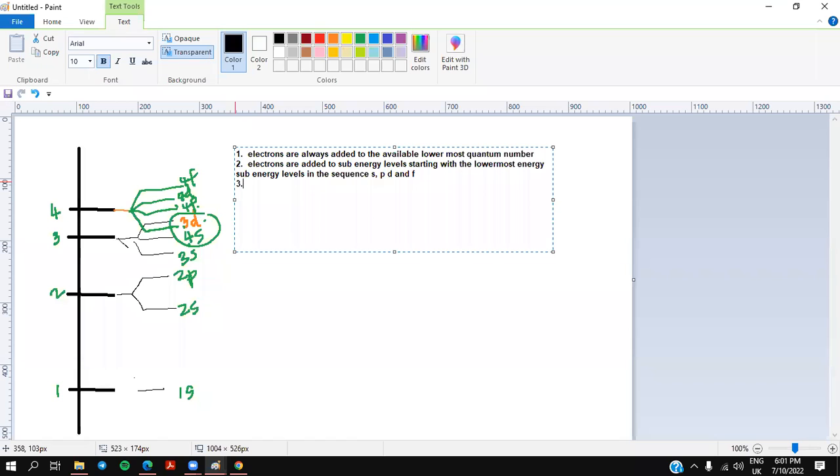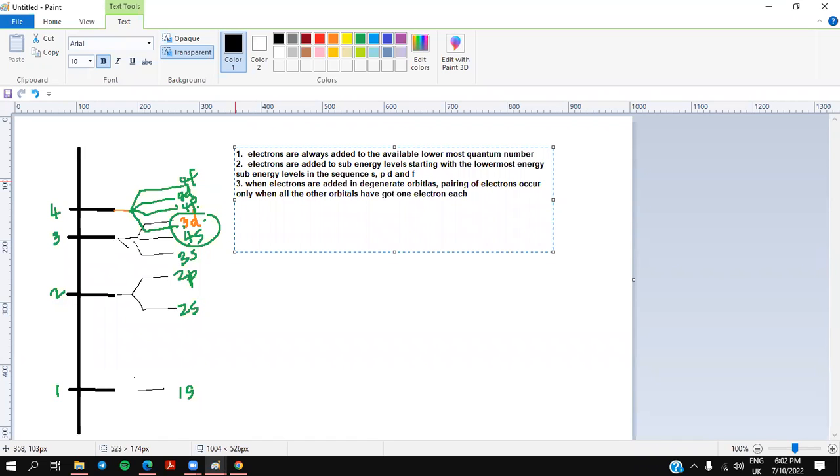Third one. When electrons are added in degenerate orbitals, pairing of electrons occurs only when all the other orbitals have got one electron each.